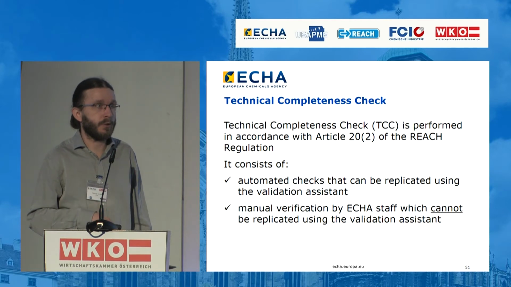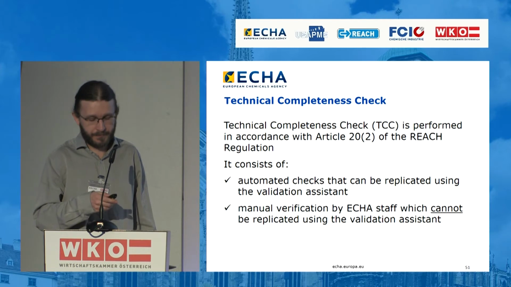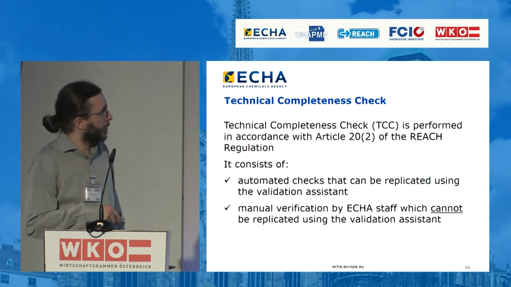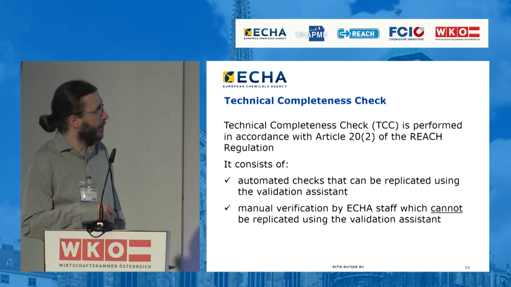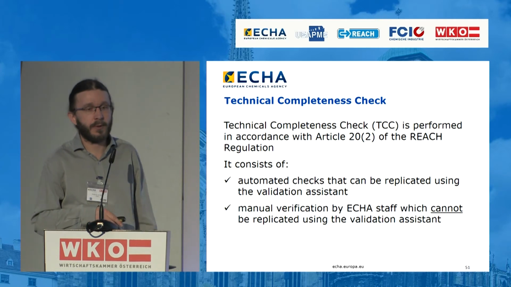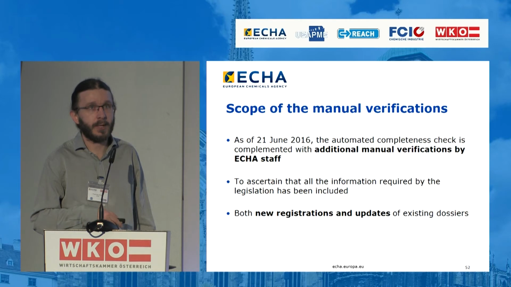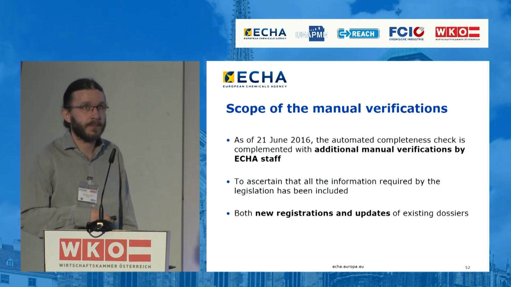So we don't check the quality, but we check the availability of the data. Before 2016, it consisted only of an automated check, but we have introduced some manual verification for things that cannot be automatically checked, and this is in place since June 2016.